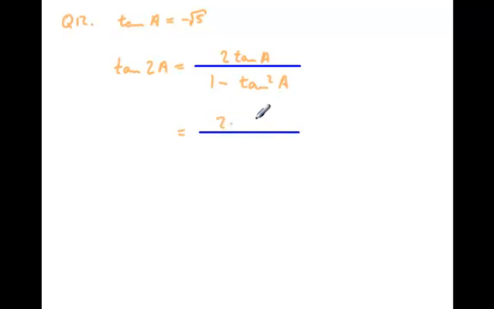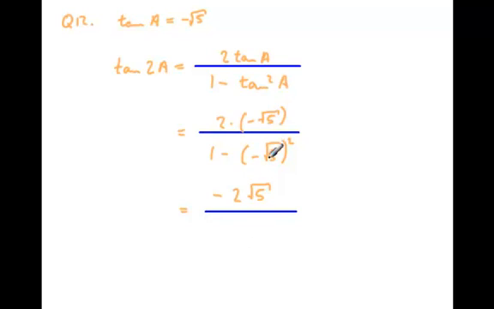So 2 times negative square root of 5, over 1 minus negative square root of 5 squared. So equals, let's see, negative 2 square root of 5. Need the fraction bar.